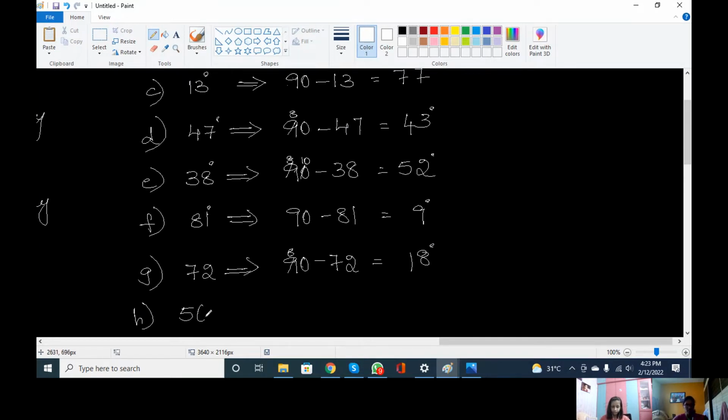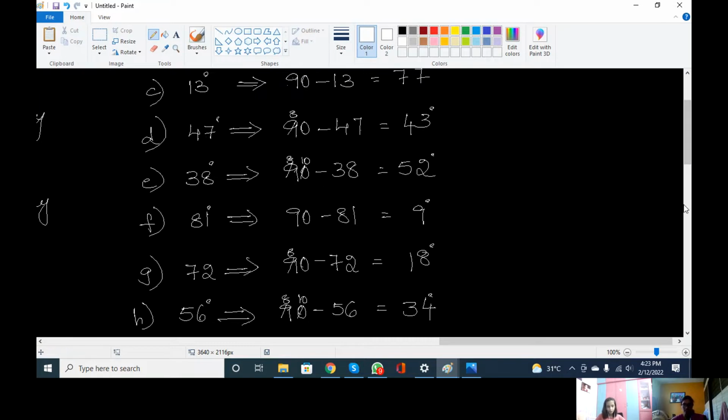And 56 degrees, tell me, what is the complementary angle of 56? 10 minus 6 is 4. And then 8 minus 5, 3. 34 degrees. So these are all complementary angles for the given angles.